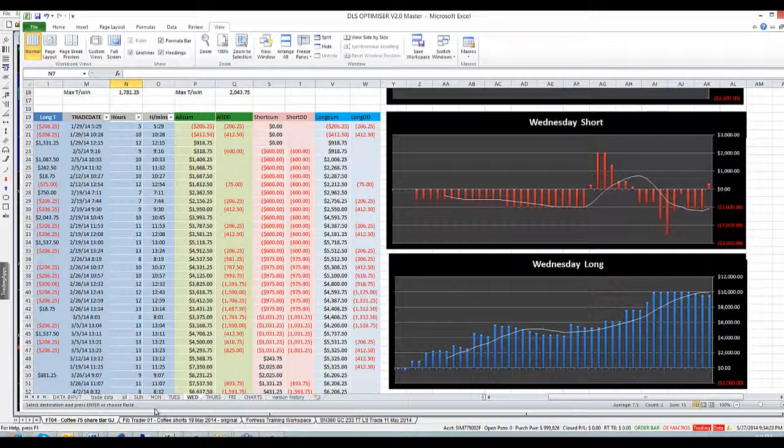Now, would we have picked that up on the system performance tracker? So Wednesday's made $2,500 or $2,800.